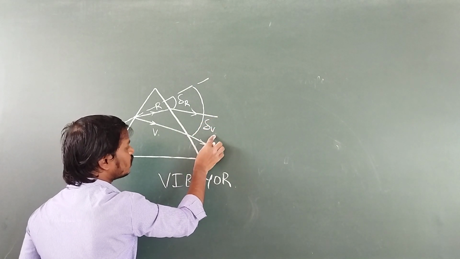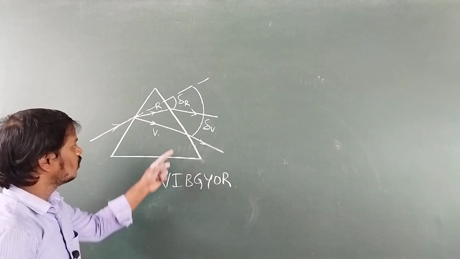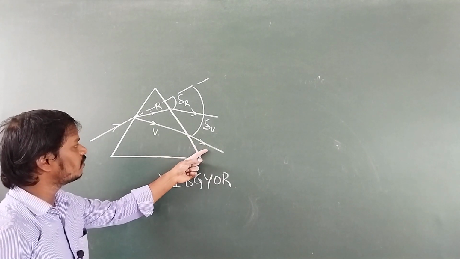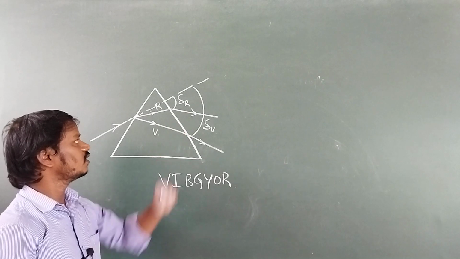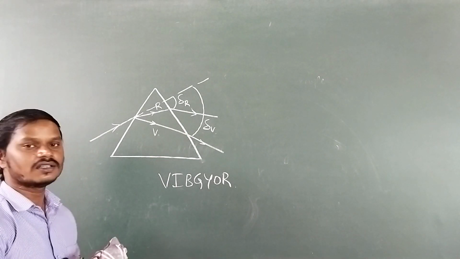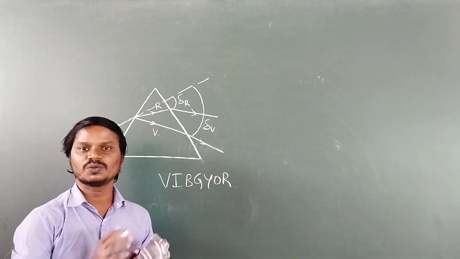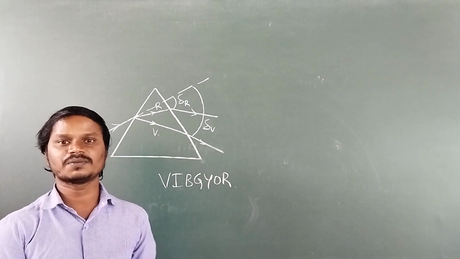So the angle of deviation for violet color is more than for red color. That is why violet is the most deviated color and red is the least deviated color. Okay. So this is about the cause of dispersion of light. In the next class we will discuss what is angular dispersion and dispersive power.